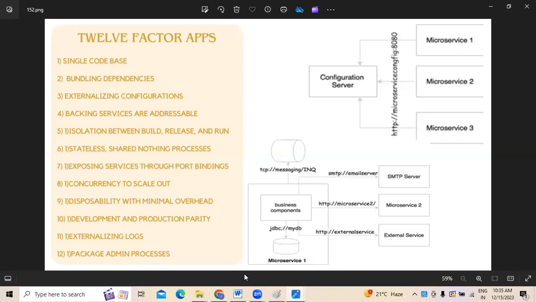In reference to the component level, we have our own code.